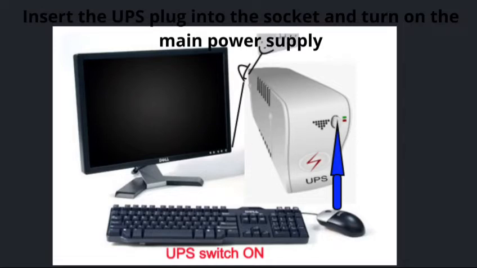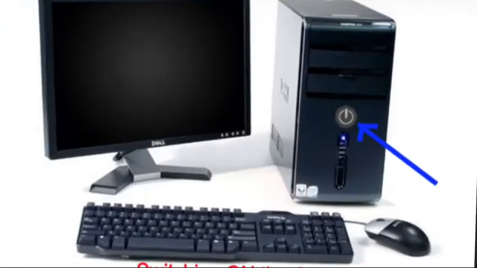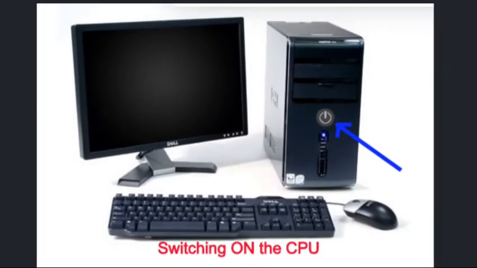Now, what is UPS? UPS means uninterrupted power supply. When you connect the system to the UPS, then you power it. Second stage, you power it from the power button, just like you are seeing on the screen. You power it from the power button on the system unit.